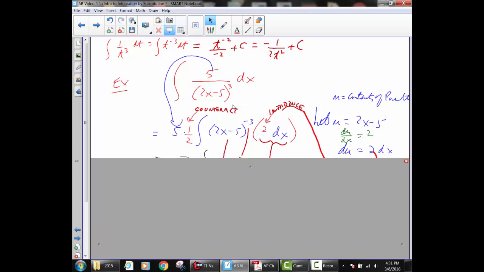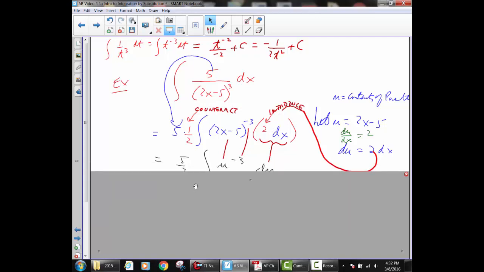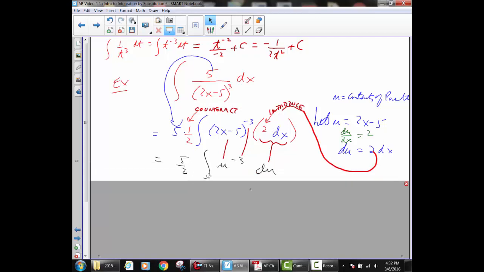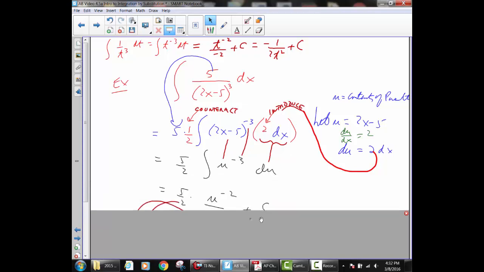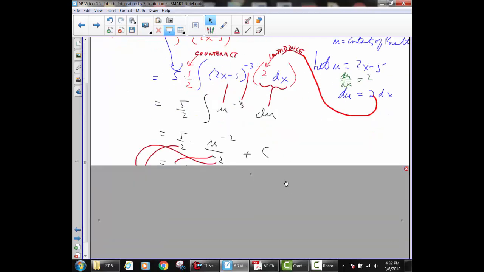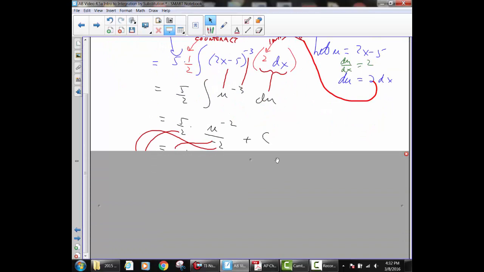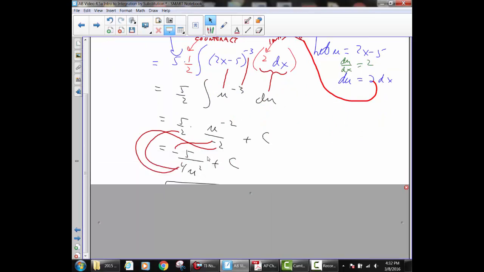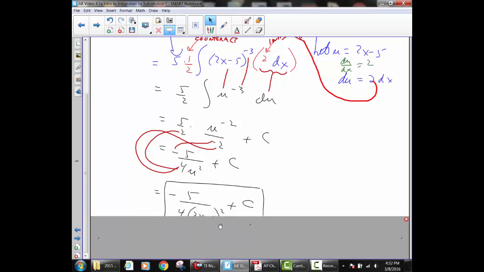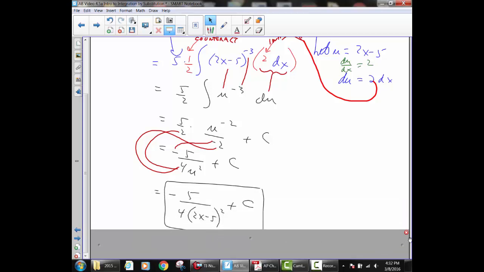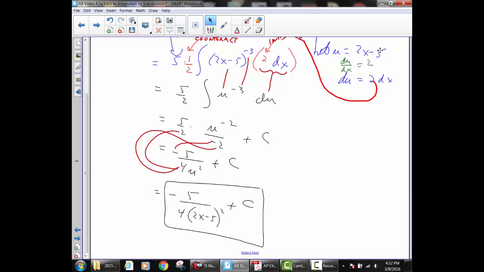I introduce the 2, counteract on the outside with a half. I now have 5/2 integral of u to the -3 du. Integrate that, you get 5/2 times u to the -2 over -2, which becomes -5 over 4u squared plus c, and of course you have to change the u back into x's, and the u is equal to 2x minus 5.